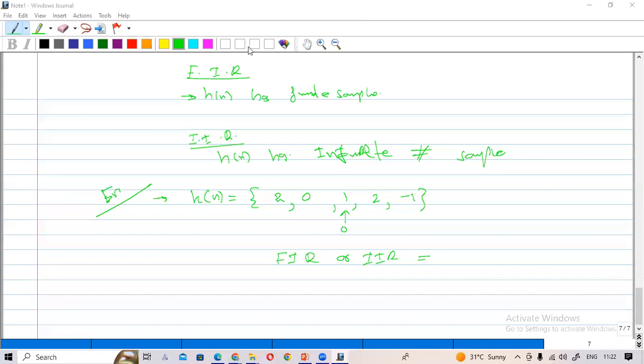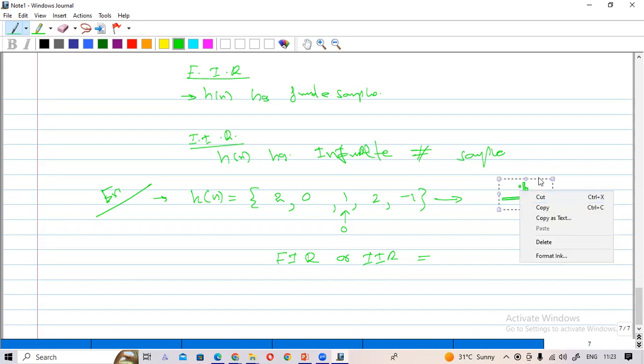Okay, I didn't get any answer. I think that is very simple. You can see that here we have 1, 2, 3, 4, 5 samples. If I plot this h[n], the zeroth sample is 1, the minus first sample is 0, the minus second sample is 2, the first sample is 2, and the second sample is -1.